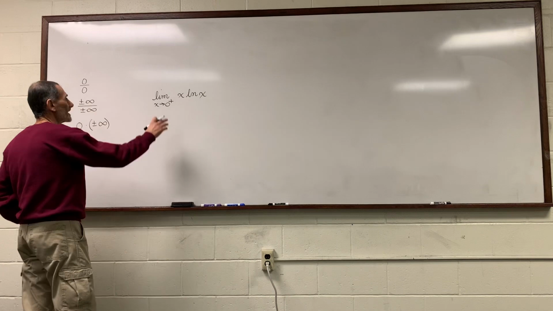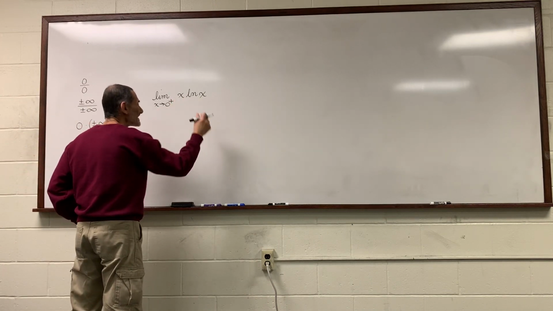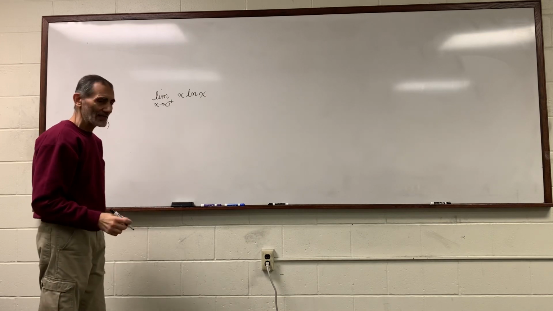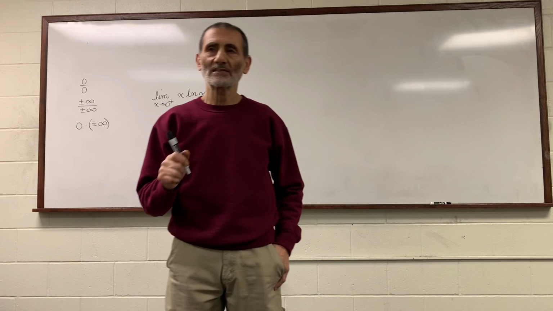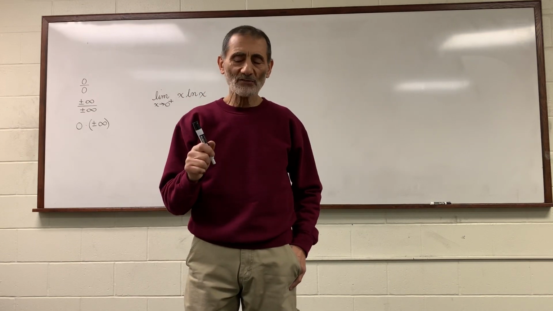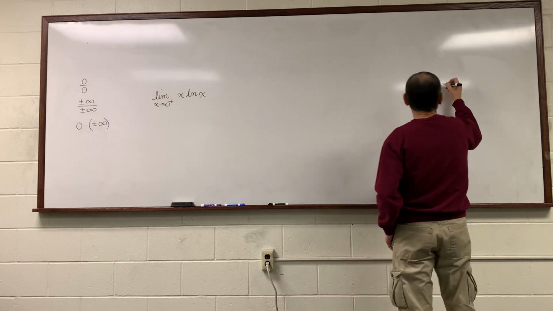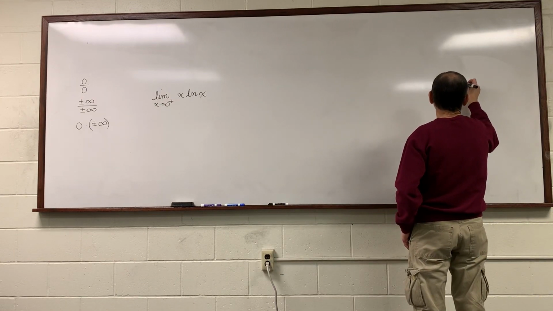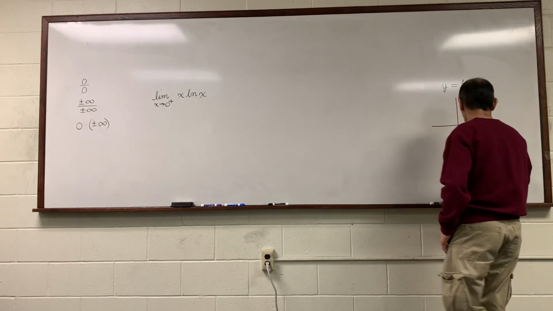If we plug in 0 here, we get 0 times, well, as x approaches 0 from the right, and as I have said so often in the past, it is always to your advantage to know what the graphs of common functions look like. You should know that the graph of y equals the natural log of x looks like this.